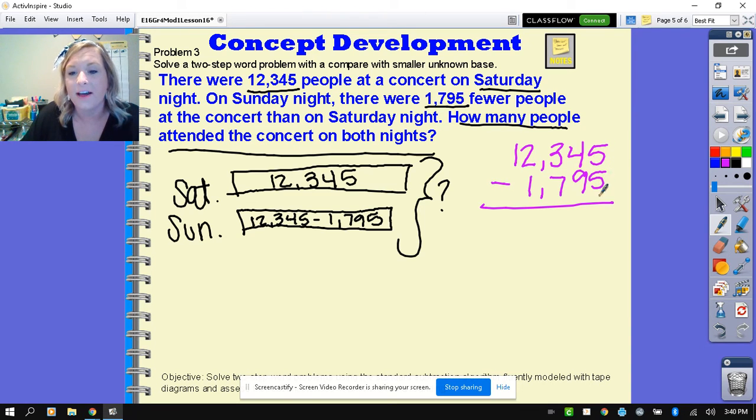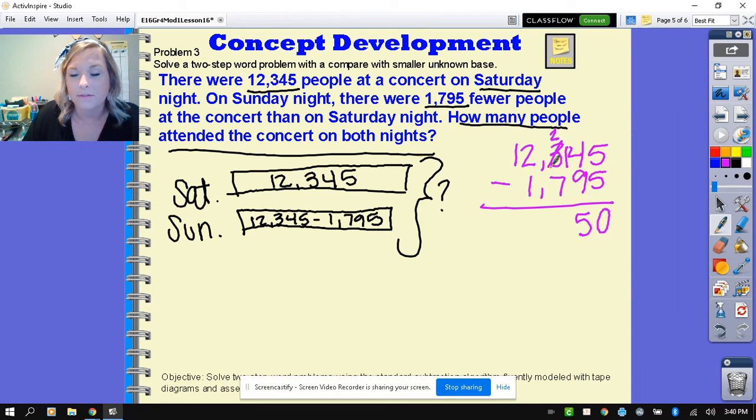So 5 minus 5 is 0. Here, 4 minus 9, my big number is on the floor, so I'm going to go next door. That 3 becomes a 2, and this 4 becomes a 14. 14 minus 9 is 5. Here we have 2 minus 7.